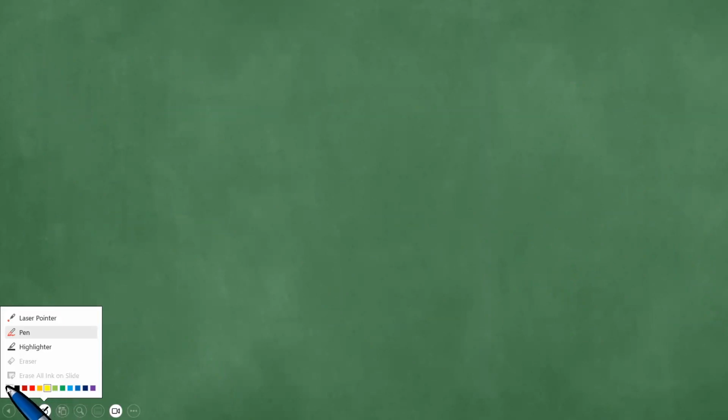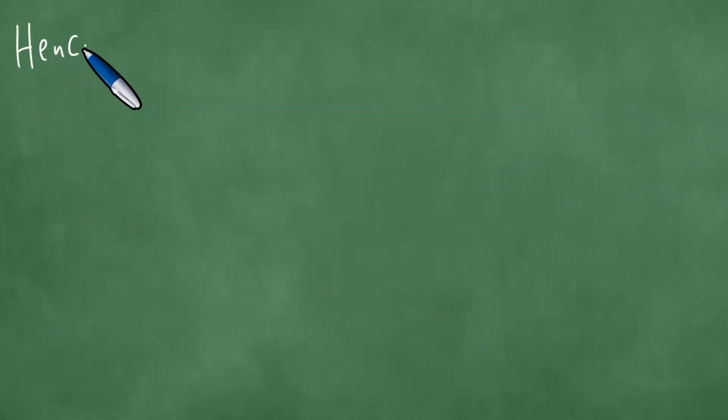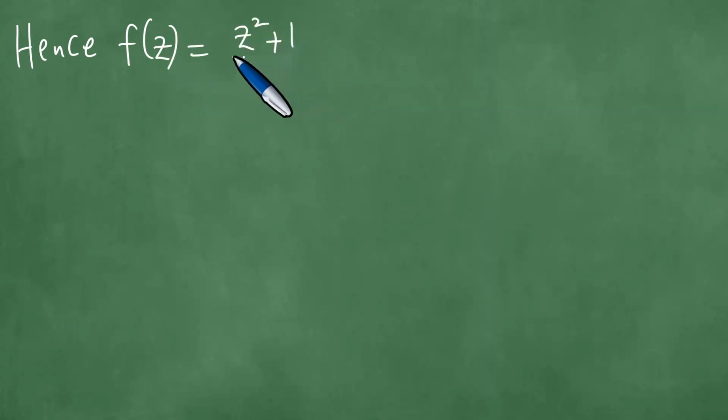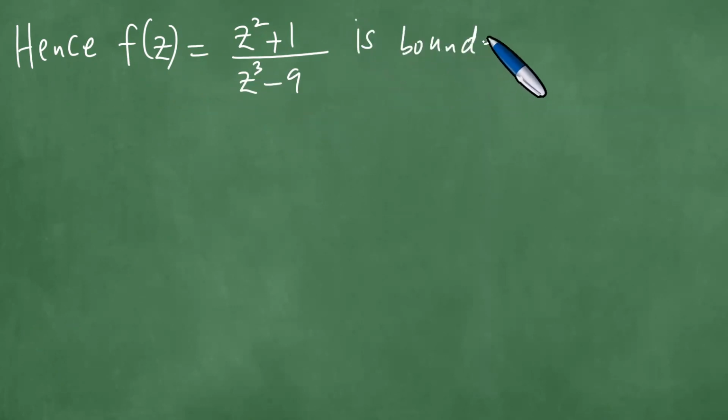So in other words, we draw the conclusion: hence, f of z equals z squared plus 1 divided by z cubed minus 9 is bounded.